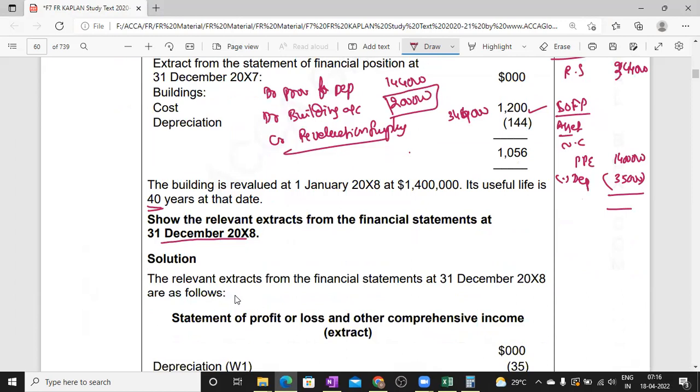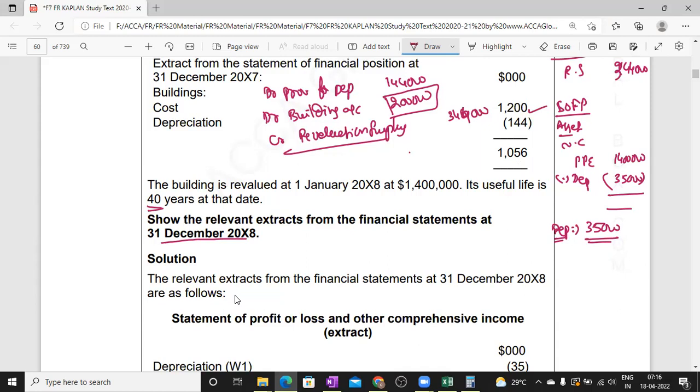But here, out of the 35,000, the total amount is not transferred to P&L. Generally, what is the journal entry for depreciation? Debit depreciation, credit provision for depreciation. The depreciation is transferred to the statement of profit and loss: debit statement of profit and loss, credit depreciation.